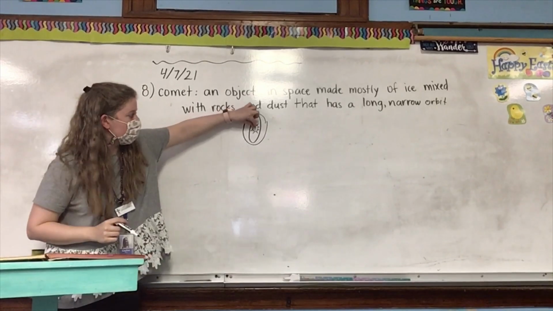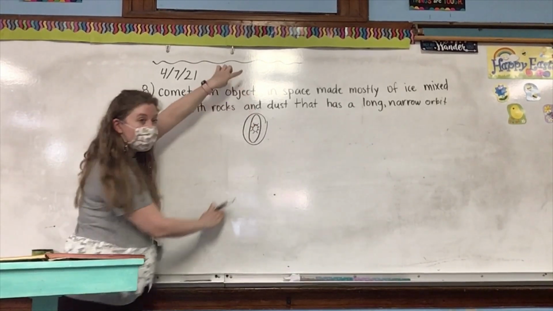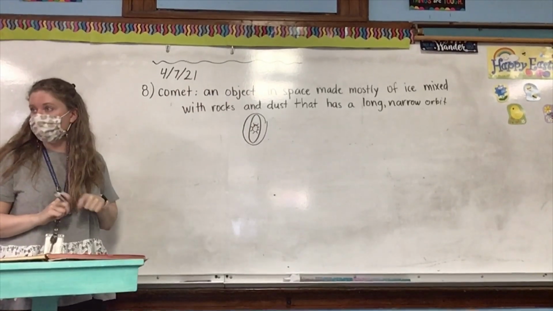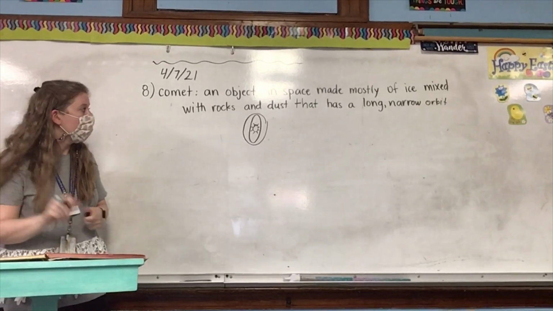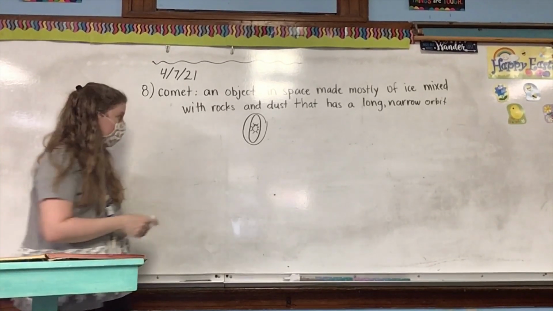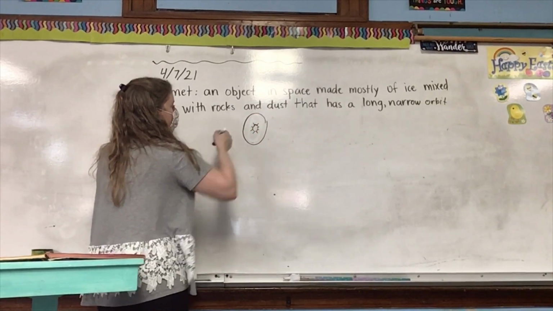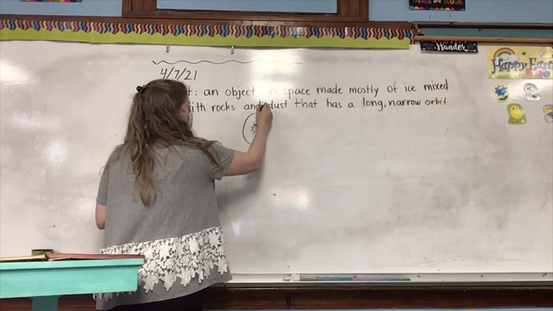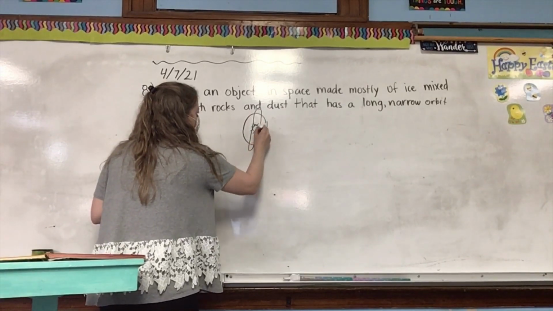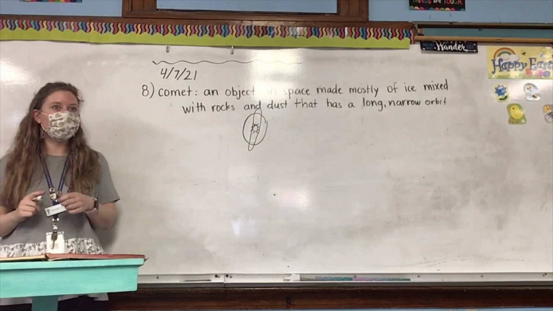It gets much closer to the sun, and then it goes much further away than a lot of the other planets. And a lot of times it will go outside of other orbits, kind of like that.